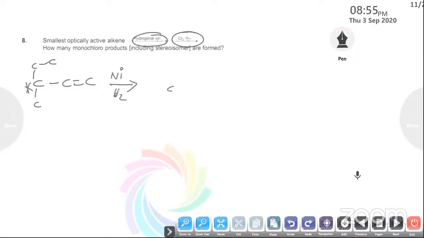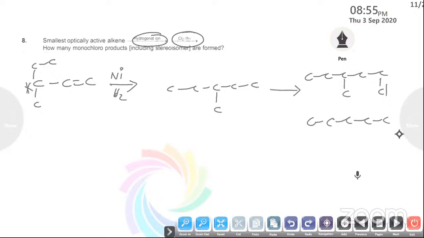So I will get this. Now the number of monohalogen derivatives is being asked. You see clearly, I am writing the monohalogen derivatives here. So here I am writing 1. Here 2.